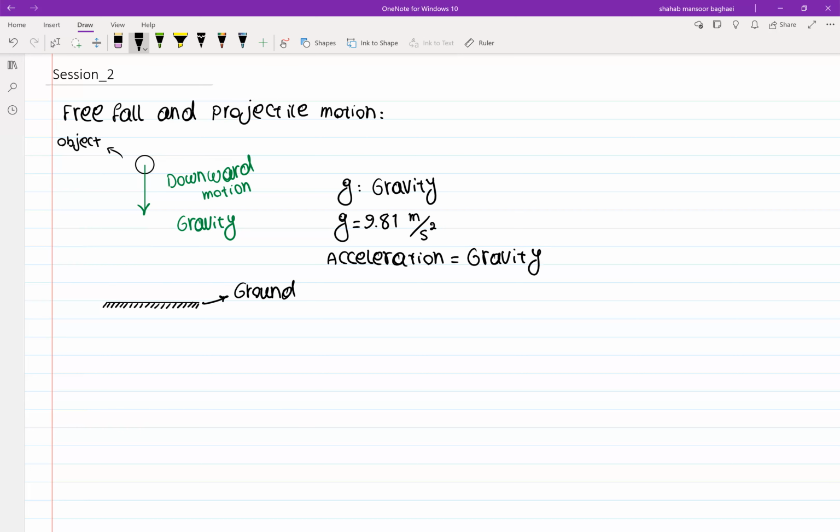As a matter of fact, a falling object and free fall have acceleration, and they have rectilinear motion, but that's vertical. If you remember, I talked about the rectilinear motion in the first lecture, but it is horizontal.